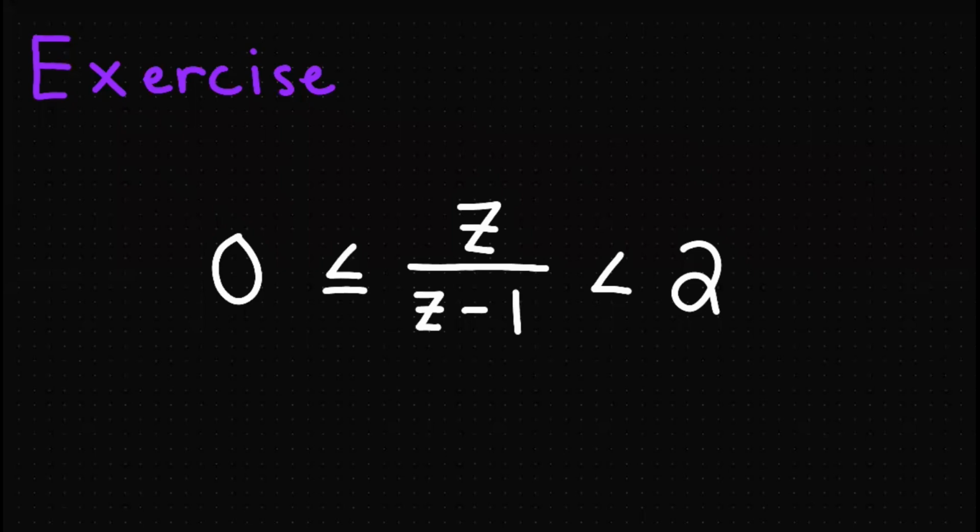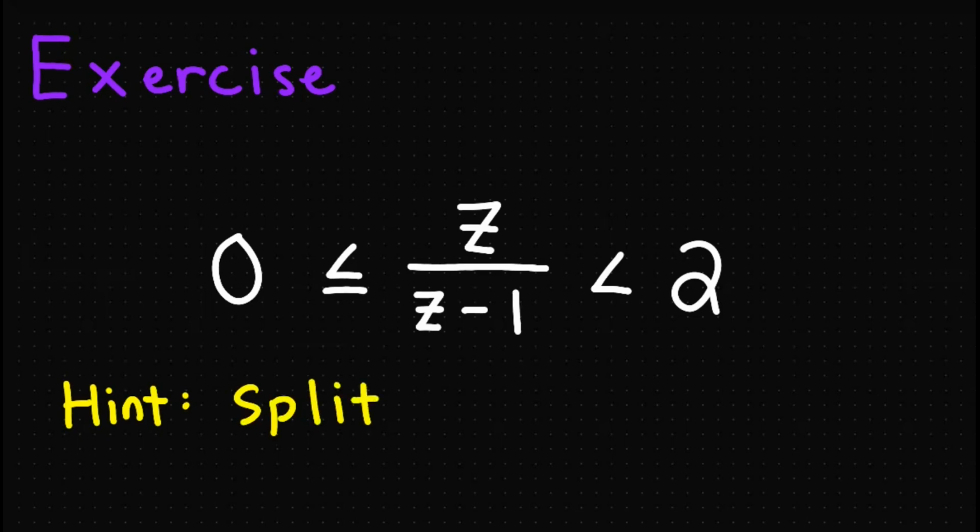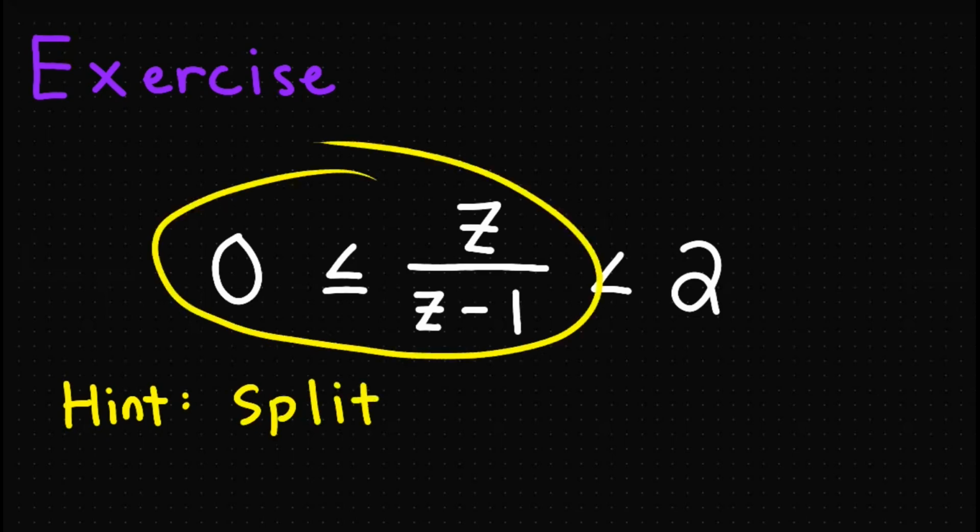here is an exercise that you can work on, and observe here that we have a chained inequality, which we didn't tackle in this video. But I'll leave that to you to explore how to deal with chained inequality. But as a hint, the technique for this one is to split the inequality into this one and this one next.